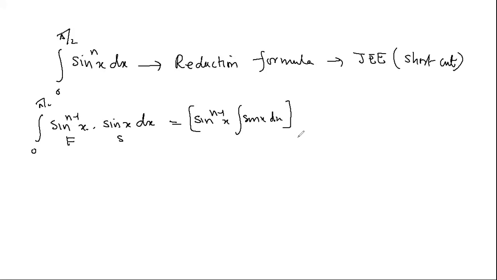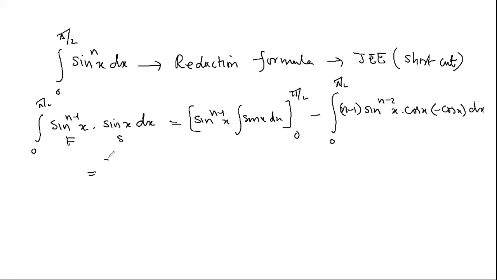limit is from 0 to pi by 2, minus integral of the derivative of the first. And the integral of sin x is again, the integral of sin x is how much? Minus cos x, no? Yes.